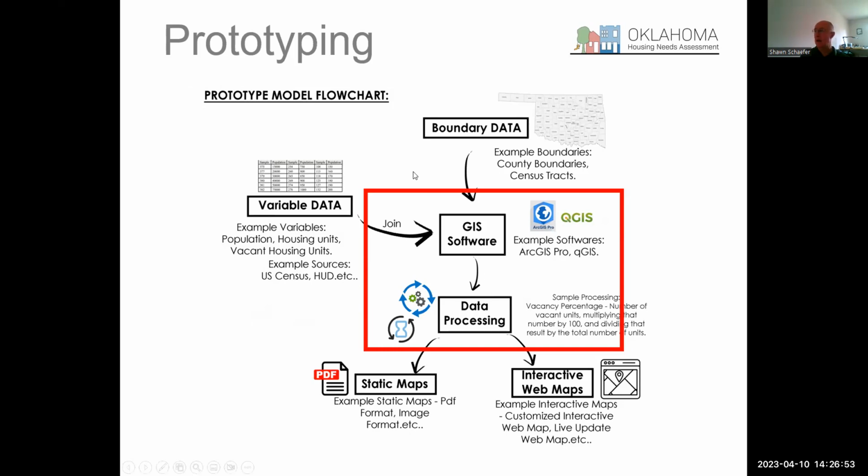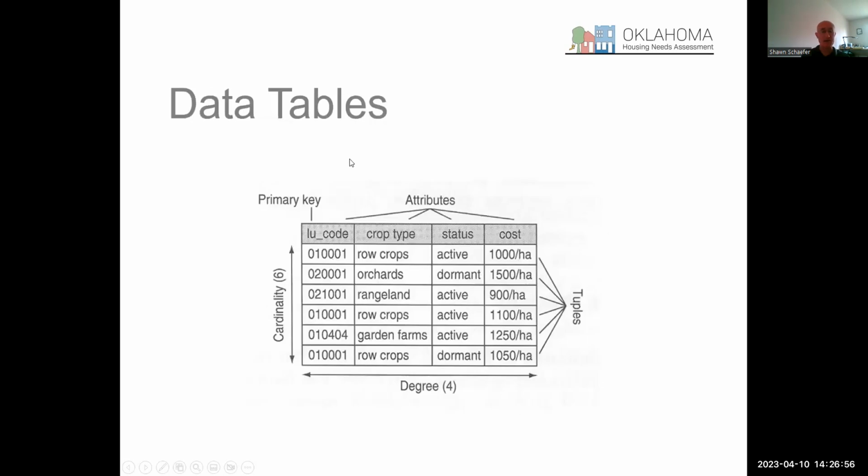And I think if you watch the GIS basics video, this is a review, but basically GIS is a database system, and like all databases, it is based on tables of data, tables like this one here, that has attributes or fields of data and tuples or records of data.